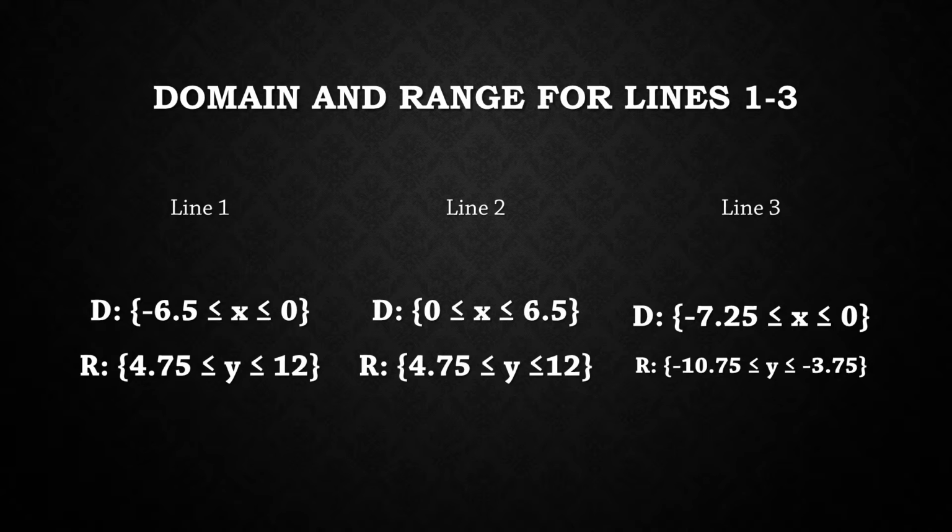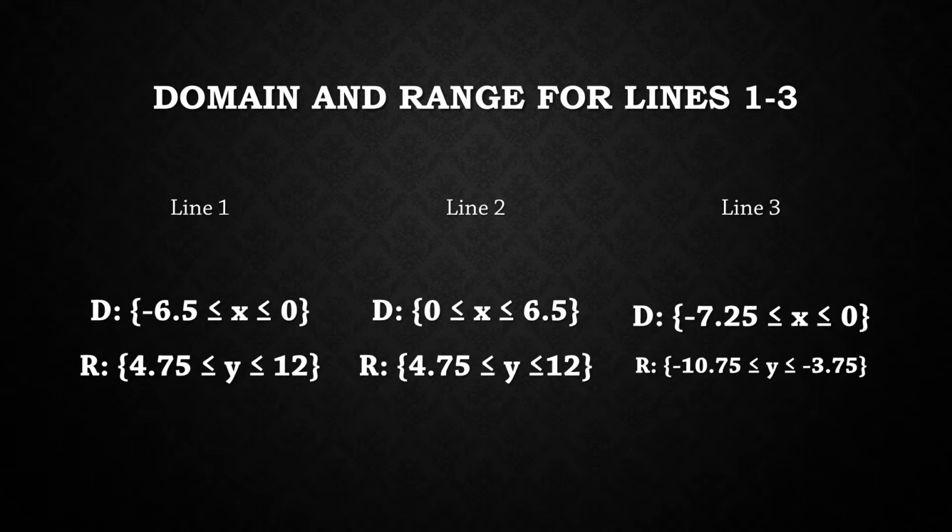12 was the greatest. In line 2, the domain is 0 is less than or equal to x is less than or equal to 6.5, because 0 was the least x value in line 2 and 6.5 is the greatest.